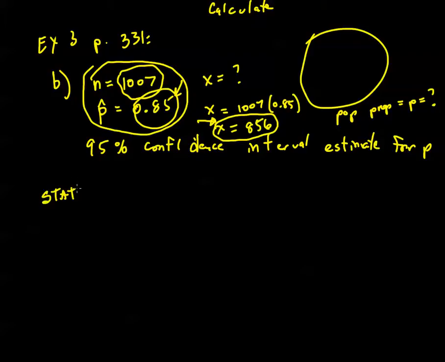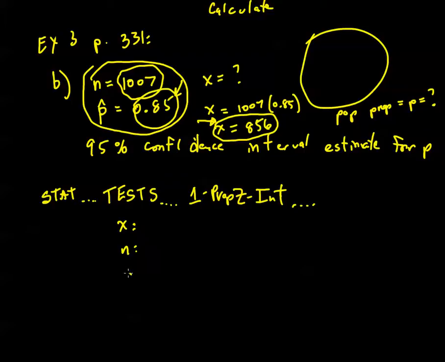Punch the Stat button, scroll and highlight the Tests option for the submenu, and press enter. Again, scroll down till you find onePropZint, select and enter, and you should have an input screen that looks like this.